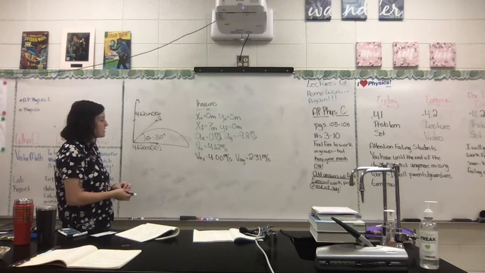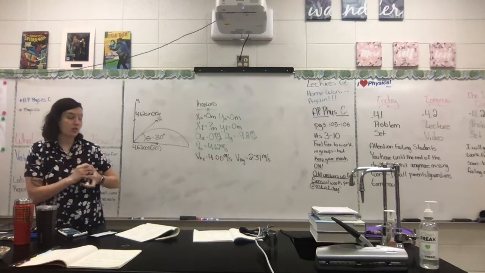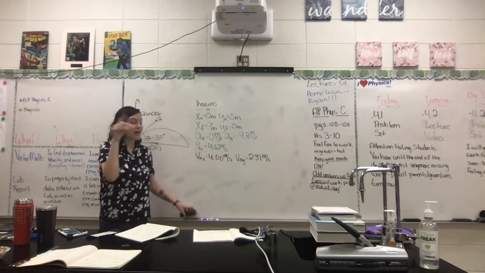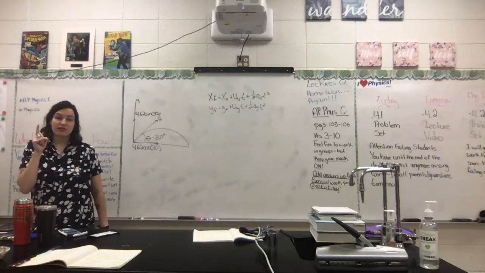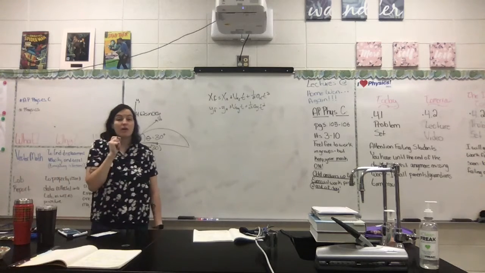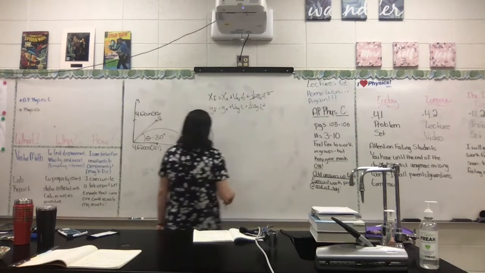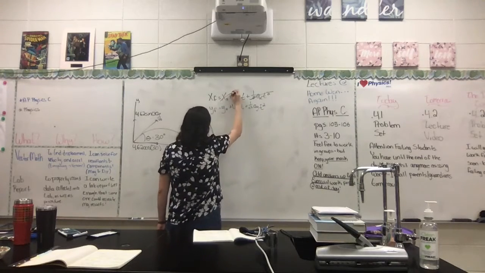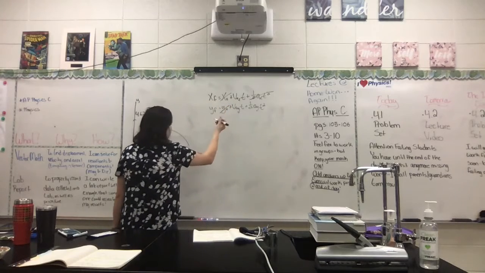So now we need to do the same thing we just did previously, where we looked at a position equation, okay? But this time we're going to do it for x and y. So now that we've got our equations, the first thing we need to do is cross out whatever we know is going to be 0. We know that there's no acceleration in the x direction, so that's 0. We don't have an initial position for either x or y, they're both 0.